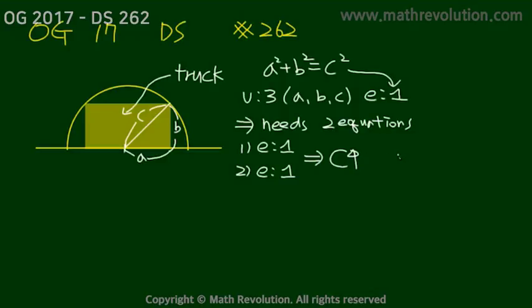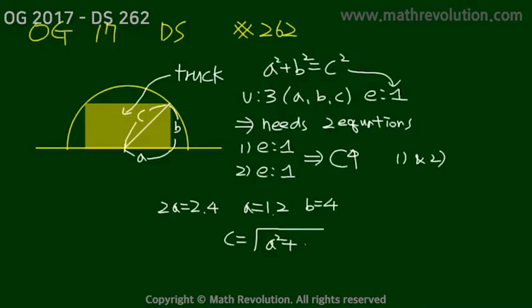Now let's find out by looking at condition 1 and 2 together. Now if 2a is equal to 2.4, we know that a is equal to 1.2, and b becomes 4. Now c is the square root of a squared plus b squared.